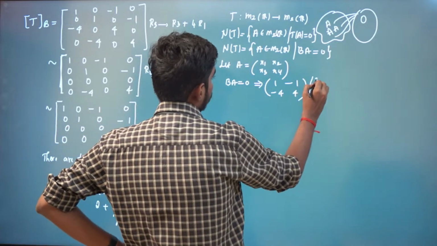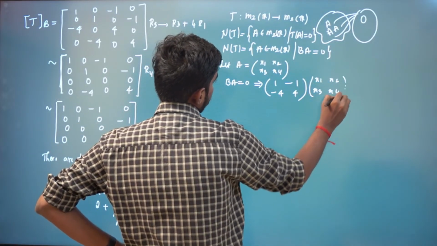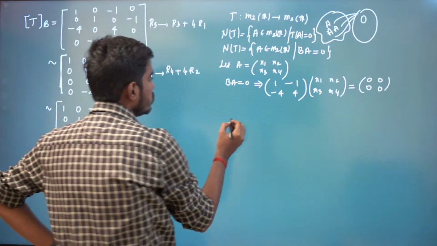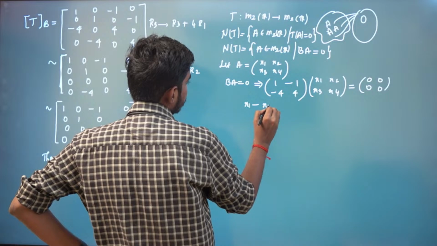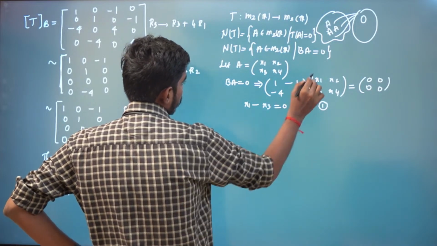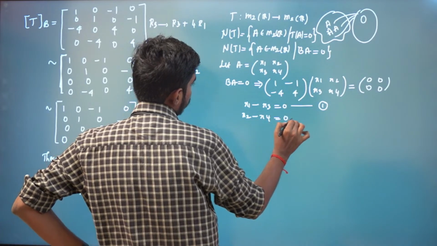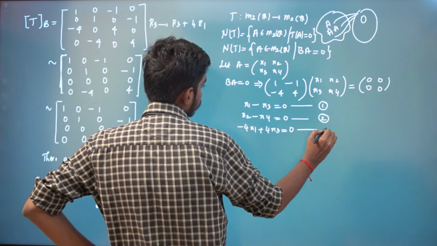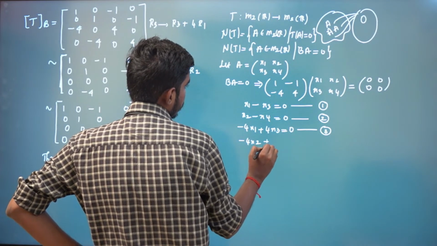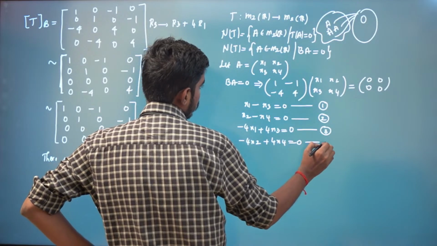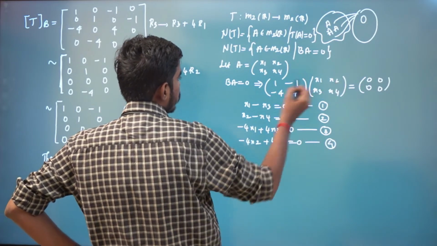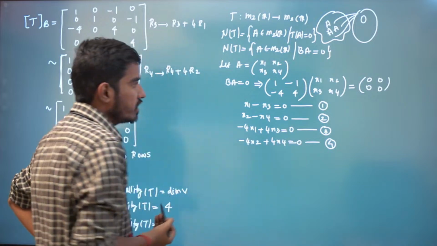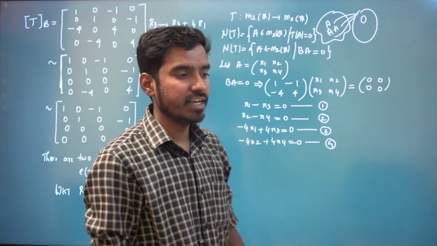B times x1, x2, x3, x4 is equal to 0 0 0 0, where 0 is the 0 vector of M2 of R. So this reduces to x1 minus x3 is equal to 0, x2 minus x4 is equal to 0, minus 4x1 plus 4x3 is equal to 0, and minus 4x2 plus 4x4 is equal to 0. I'm just multiplying and equating to 0.